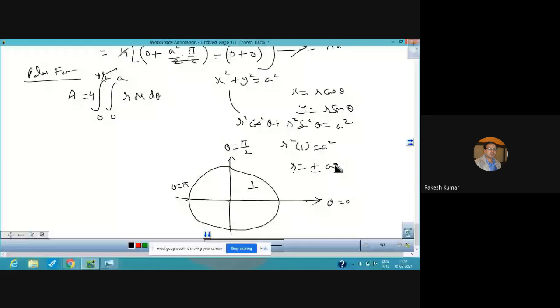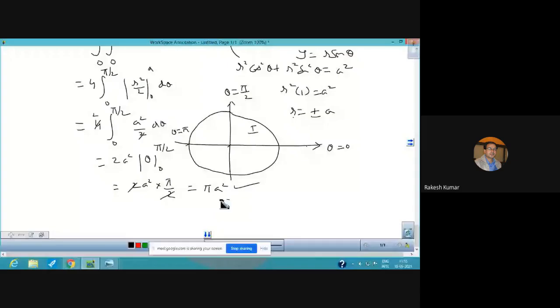So that is 4, 0 to pi by 2. The integration is r square over 2, 0 to a d theta. So when you put the limit a here, you will have a square over 2 d theta. So this can be cancelled. So 2a square integration is theta, limits are 0 to pi by 2, and it will give you 2a square into pi by 2.